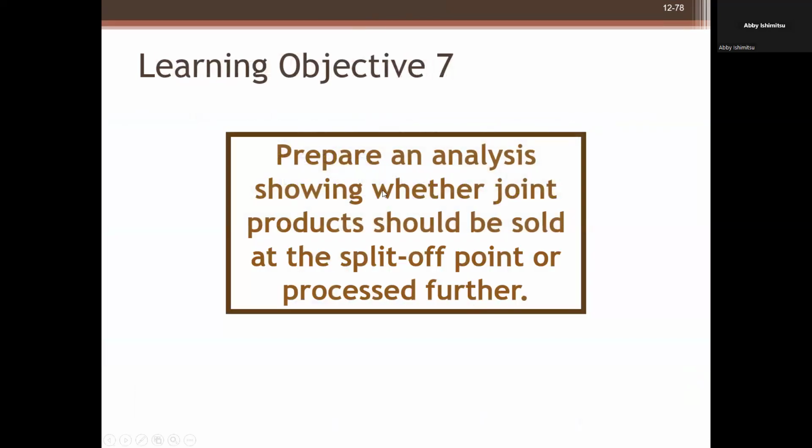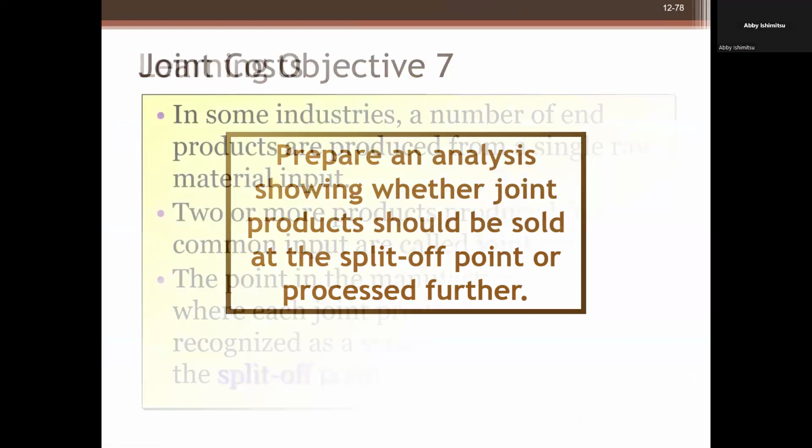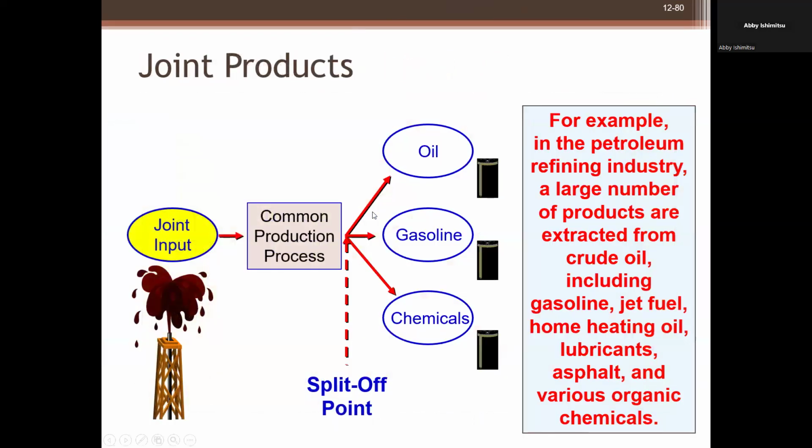And then the last example is something called joint products. And joint products are where you manufacture a product up to a split-off point. In this case, we come up with crude oil. And then based on what we do after that split-off point, we produce, in this example, 3 different products: oil, gas, or some sort of chemicals, okay?